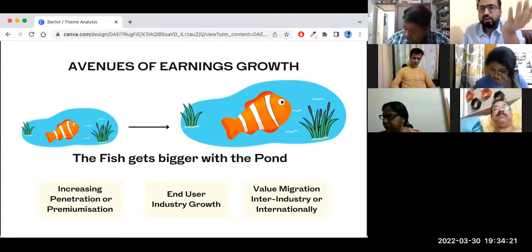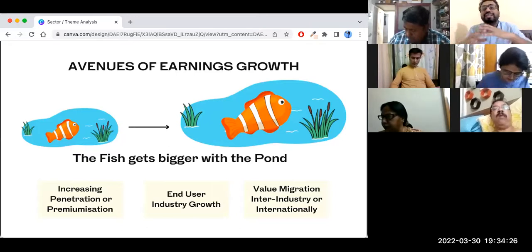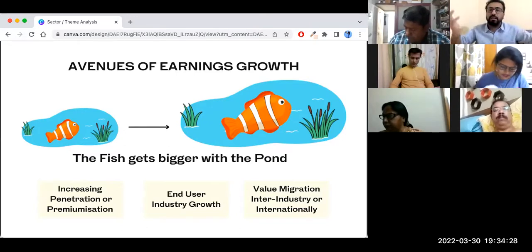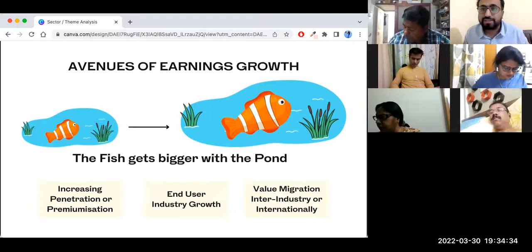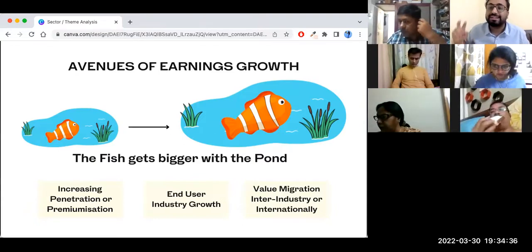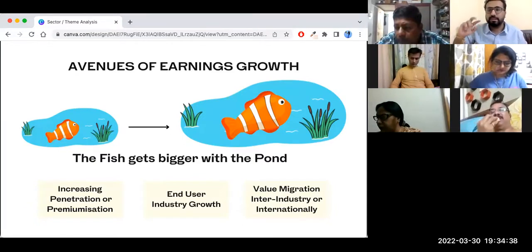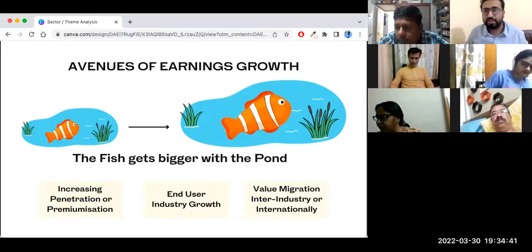Simple. Now, how can an entire sector benefit from value migration? Because value migration also happens inter-industry or internationally.